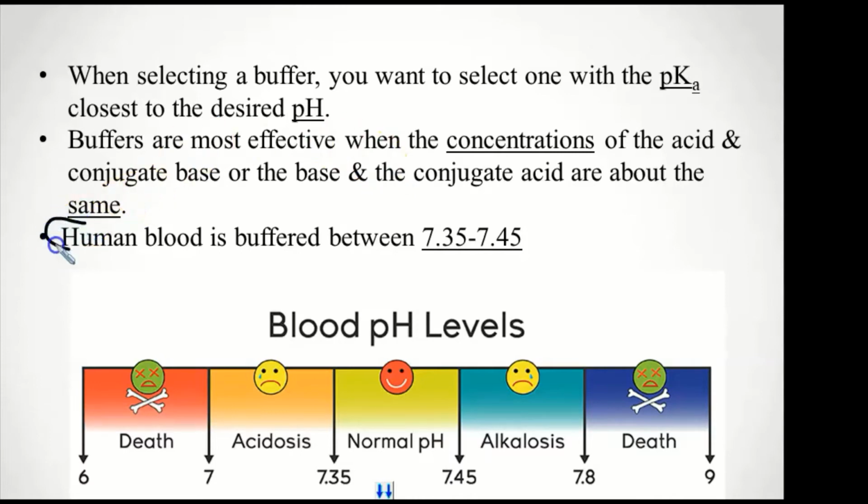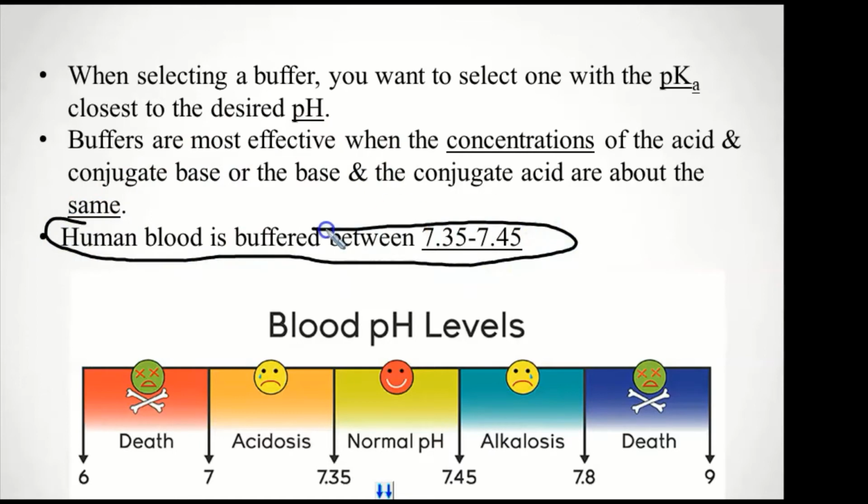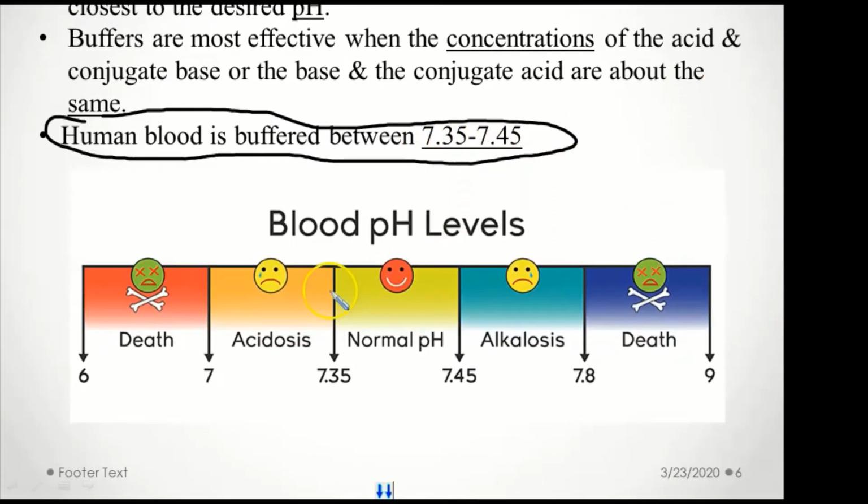I would like you to know that your blood buffers between, this is your blood, different organs in your body are different, but 7.35 to 7.45 is the way our blood buffers. I love this little illustration. Here's our normal pH in those ranges, slightly basic.